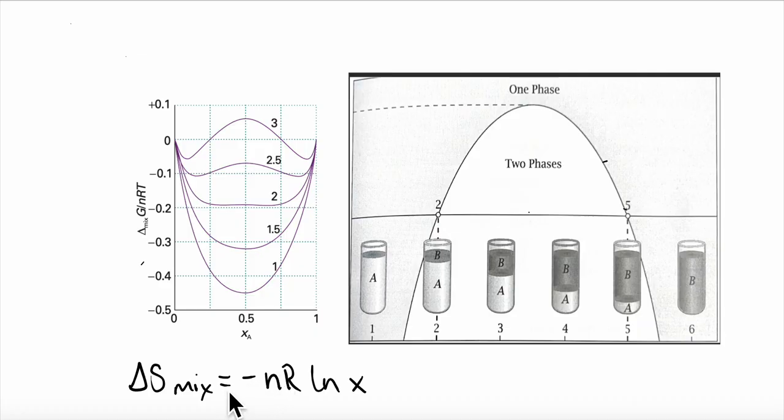So there's no difference in the mixing entropy. But we see that when x decreases, the logarithm of a number between 0 and 1 is negative. So then this whole term turns positive.